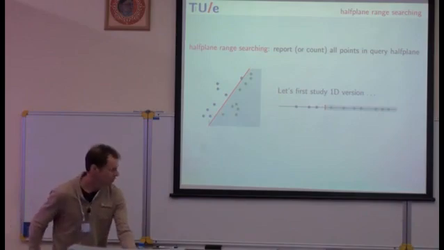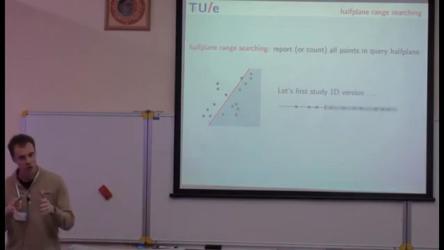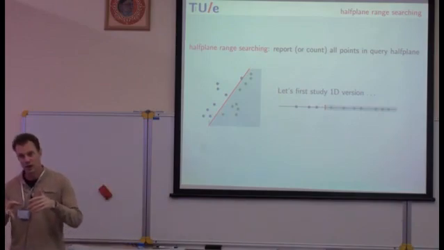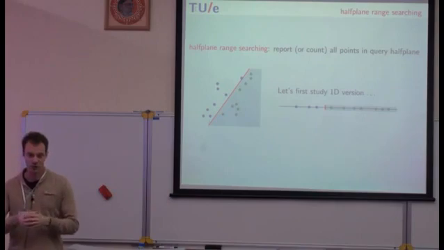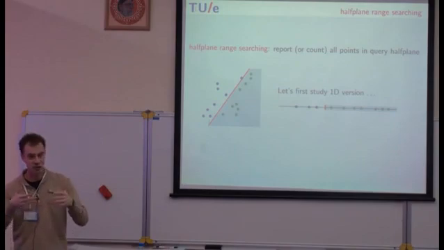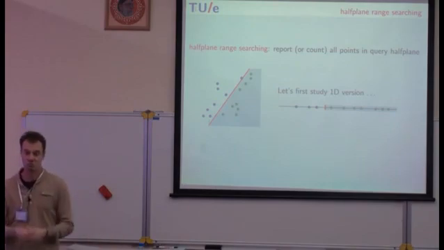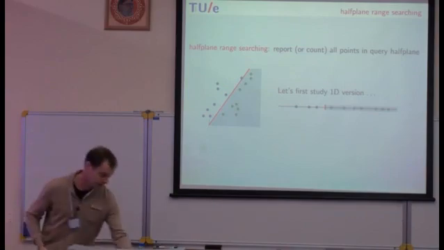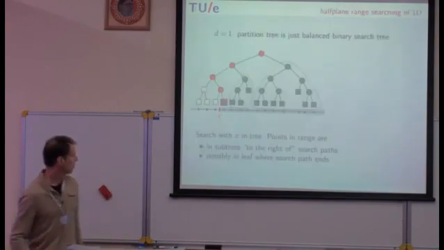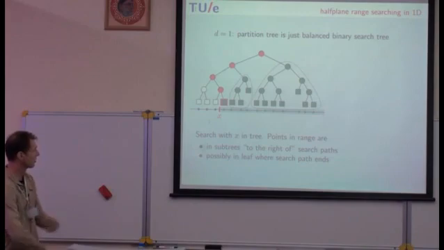Very easy. What we're going to do is look at how this binary search tree works, see what the basic ideas behind it are, and then see whether we can use those ideas also in two-dimensional space. So here's a binary search tree.